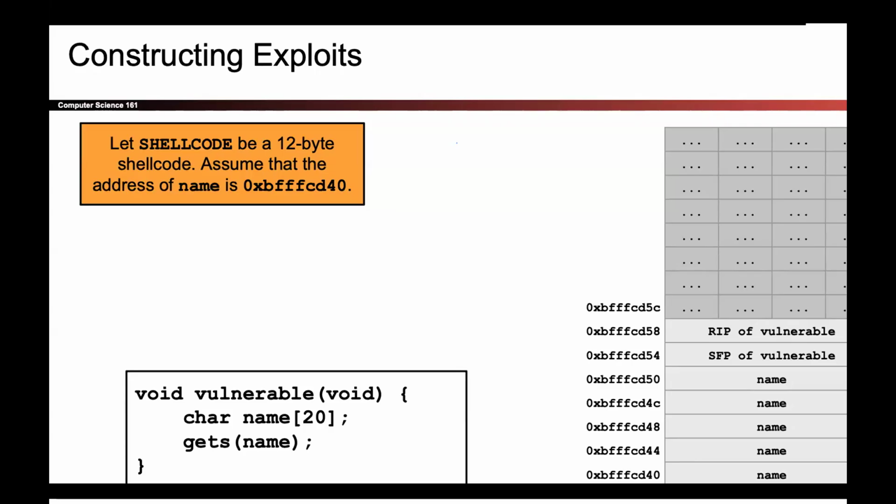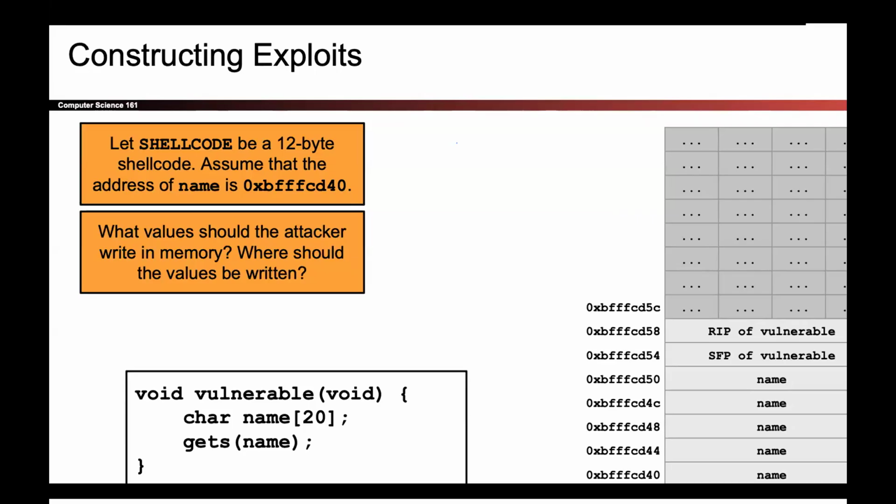And then they are going to arrange to have shellcode written somewhere in memory at a known address and arrange to overwrite the RIP with that known address. Where would be a really simple or convenient place for them to arrange to have shellcode put in memory? Put it in name. So when they supply the name, they can put the shellcode in name, maybe at the start of name.